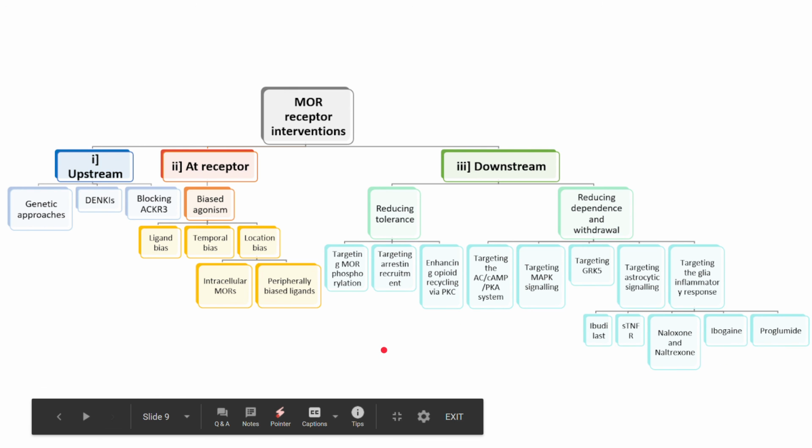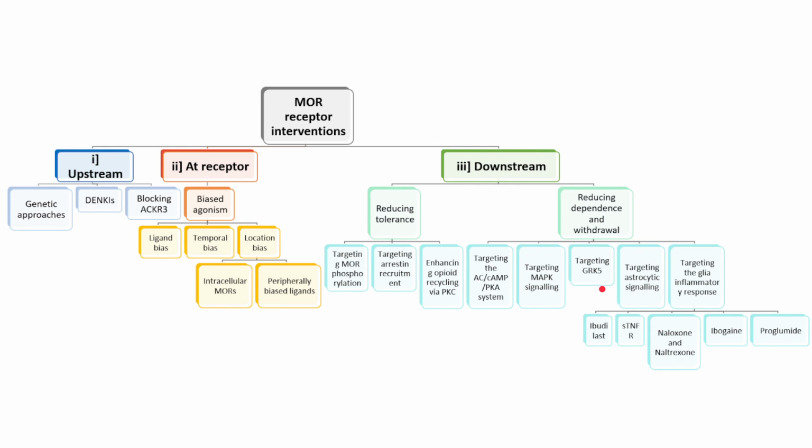So this is just a summary of all the mechanisms that we've talked about. A few things that we didn't mention though were targeting the G protein receptor kinase 5, which is thought to be important for reward signaling, and it's found to be upregulated in heroin addicts.